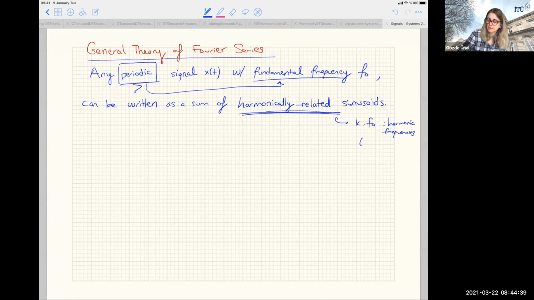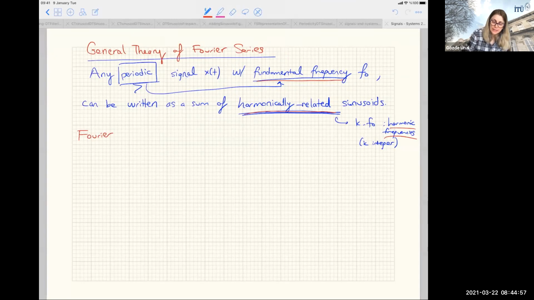Okay, k integer. All right. So last time we were really talking about the fundamental frequency and harmonic frequencies.